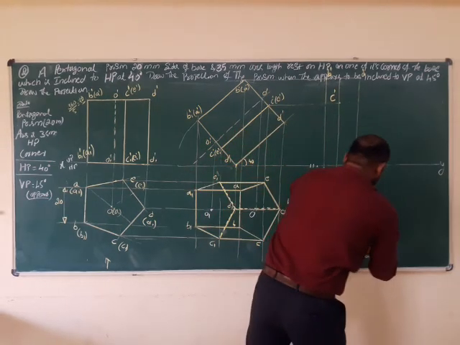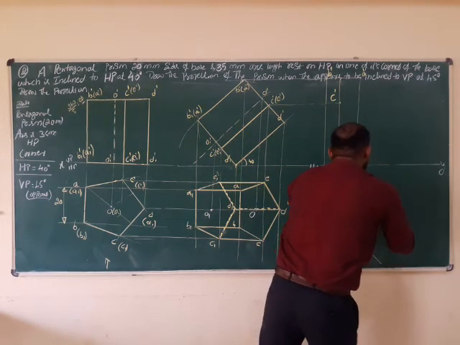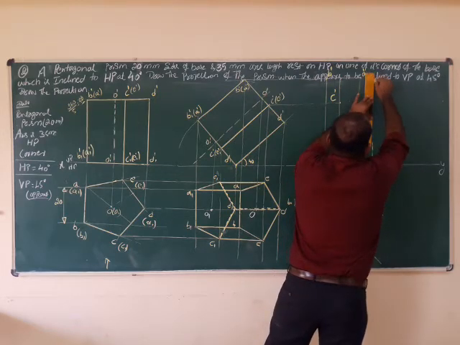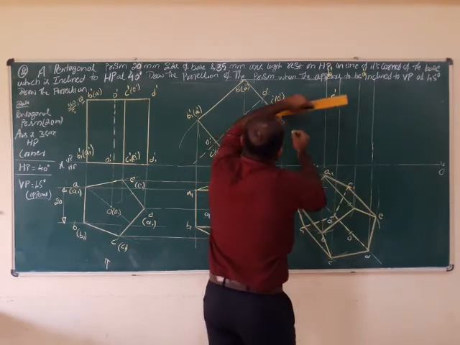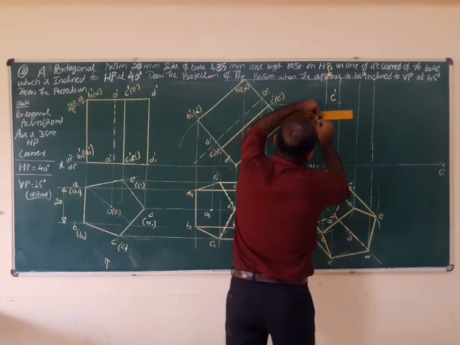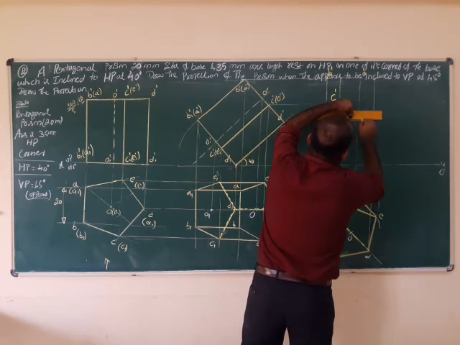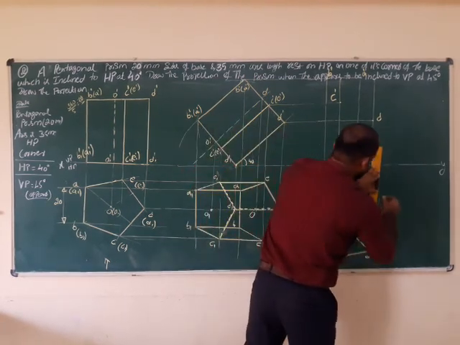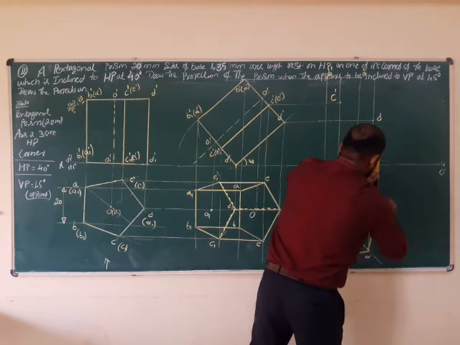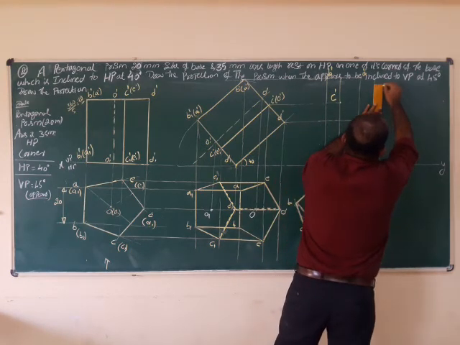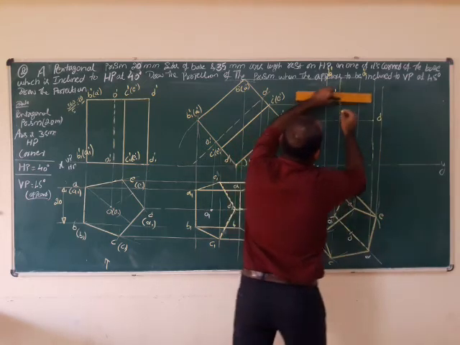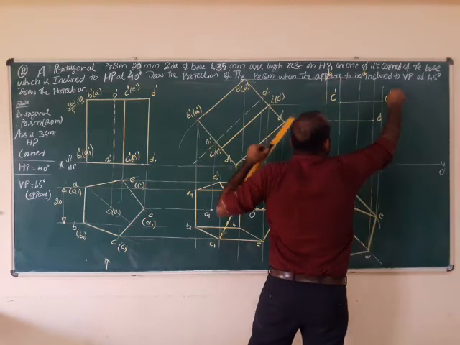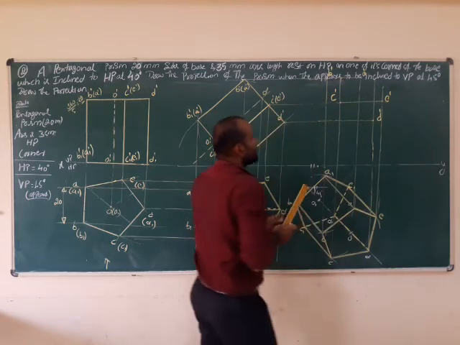Next to D, that point is called D dash. The last line. Next E. The E line, the C line is continuous. That is called E dash, D dash.